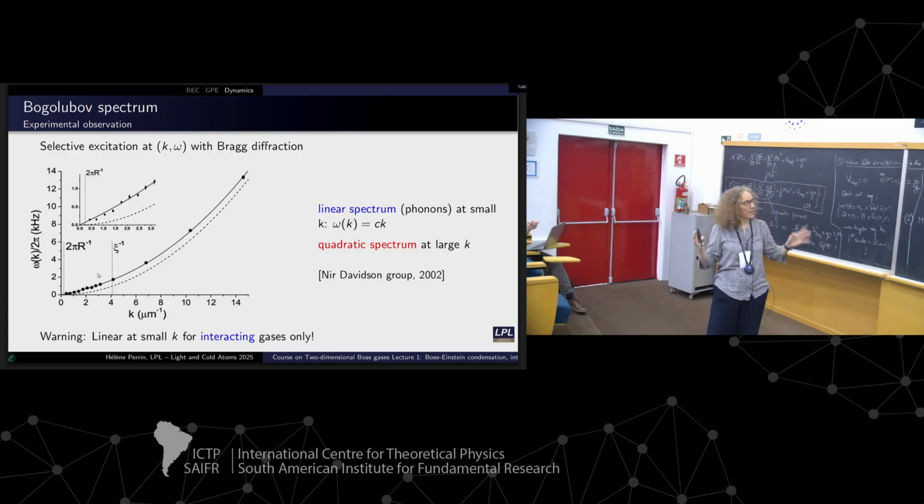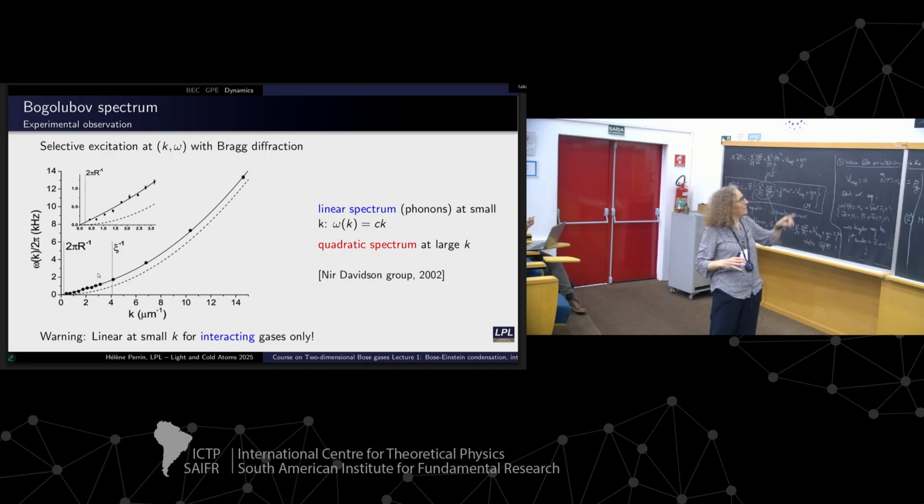If you don't have a homogeneous gas, which was the case here, in 2002 there were no uniform gases produced for the moment. They did the experiment in an elongated trap, but it was still a trap. It means that the density varies slowly from the center. And if you concentrate on what is happening in the center, then you still can see some sound waves, even if on a larger scale it is not true anymore.